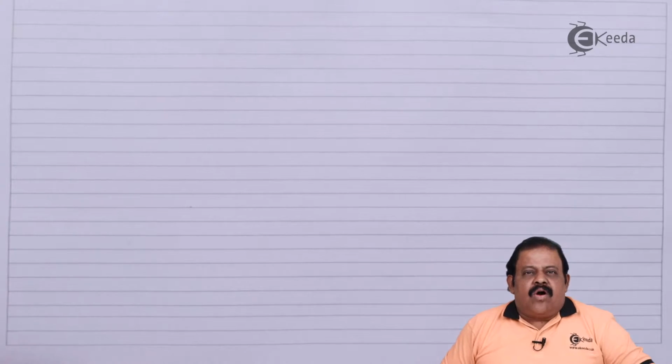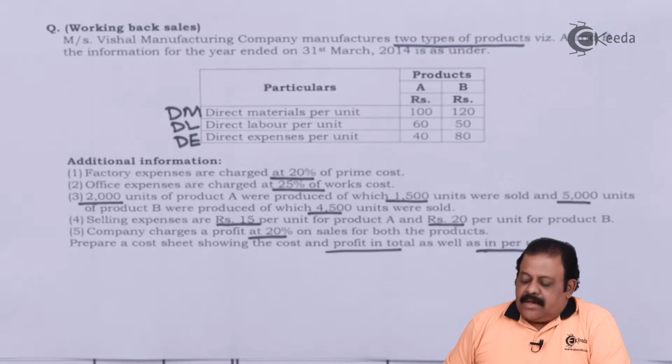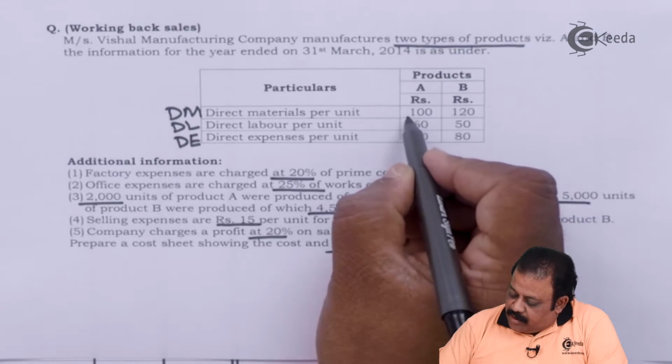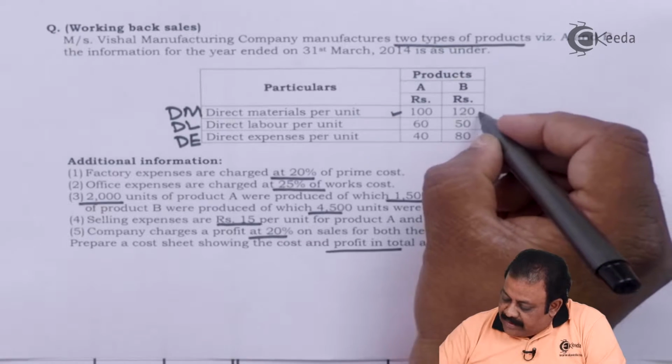Let us prepare now the cost sheet for both the products. Direct material in case of product A is 100 rupees, in case of product B it is 120 rupees.